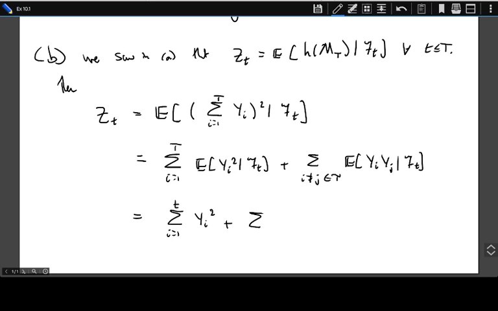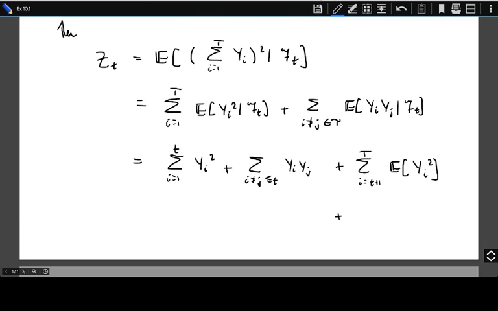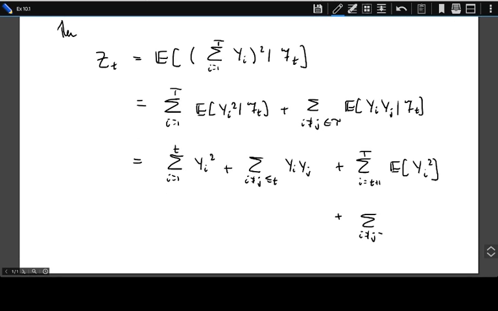And it's the same for i not equal to j, both less than or equal to t. And for the others, since the Y's are all independent of one another, when they're conditioned on F_t nothing changes. They're independent of that, so it's just equal to the expectations without the conditioning.